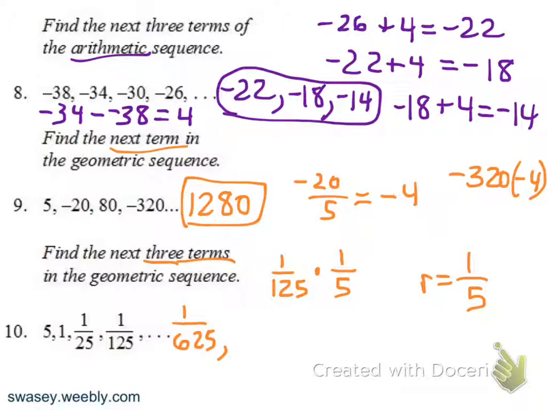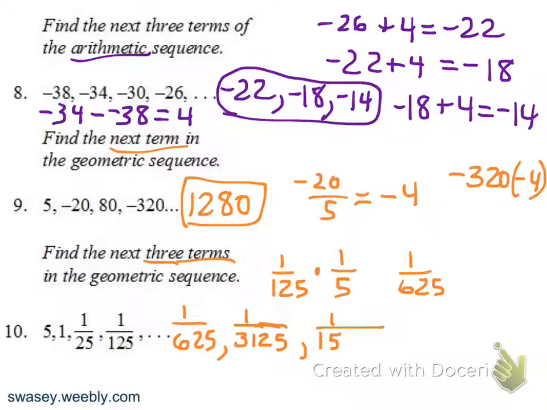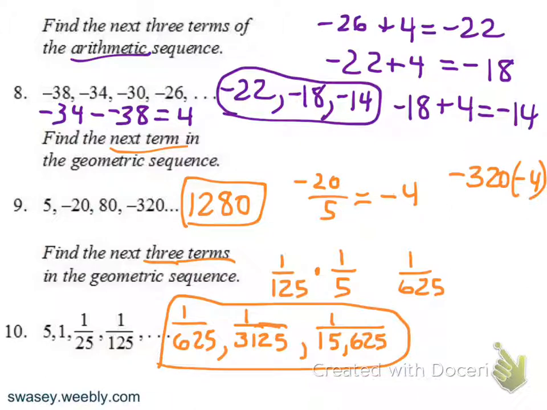If we continue multiplying by 1/5, we get 1/3125, and then if we multiply that by 1/5, we get 1/15,625. So those are our next three terms of this geometric sequence.